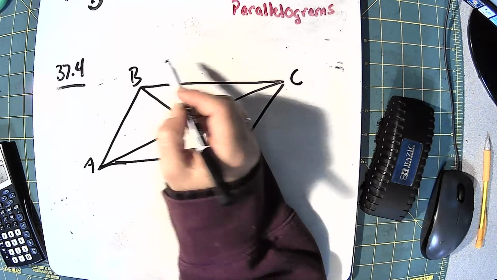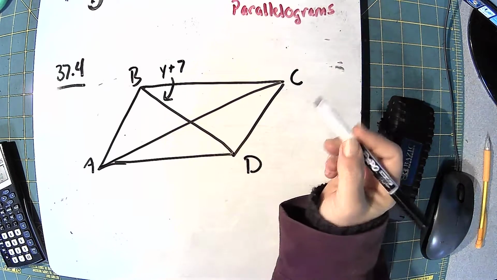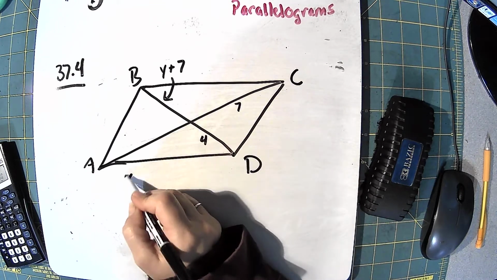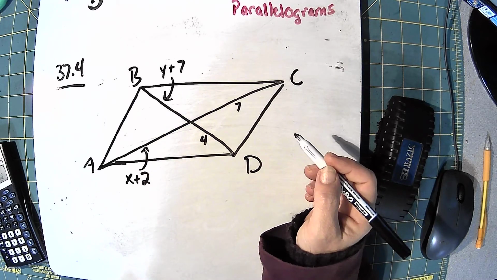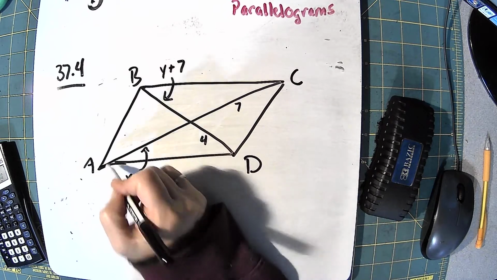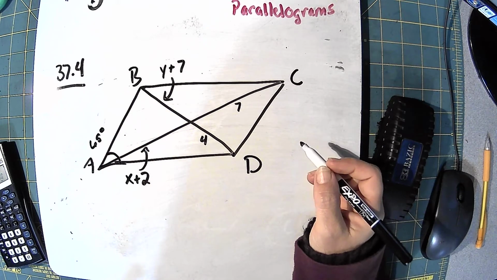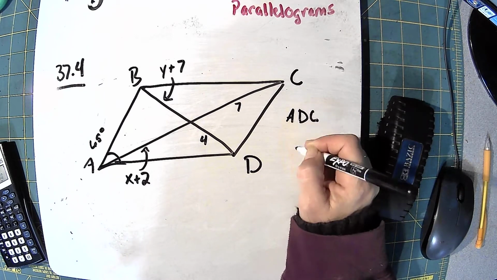And we've got y plus 7 right here. And then that's 7. And this one down here is 4. And then we have x plus 2 right there. All right, and it tells us that angle BAD is 65. BAD, so that means this angle right here is 65 degrees. And it wants us to find ADC and DCB.